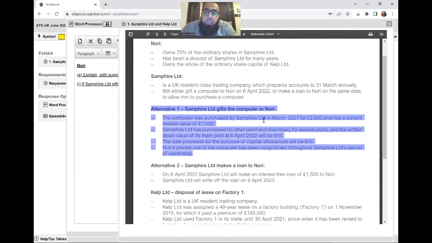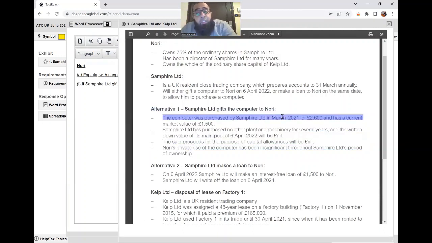The computer was purchased by Semfire Limited in March 2021 for £2,600 and has a current market value of £1,500. Semfire Limited had purchased no plant and machinery for several years. The written down value of its main pool will be nil. The sale proceeds for the purpose of capital allowance will be nil.